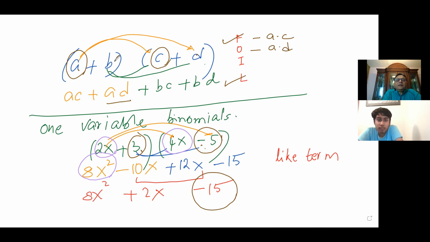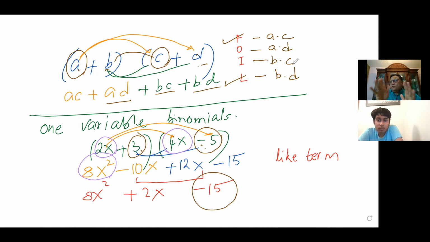Inner terms B and C are inner. Do you see that B and C? Yeah. And then the last terms B and D, right? Okay, sir. So can you visualize FOIL? First, outer, inner, last, right?